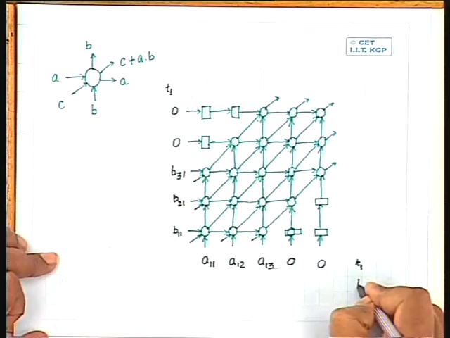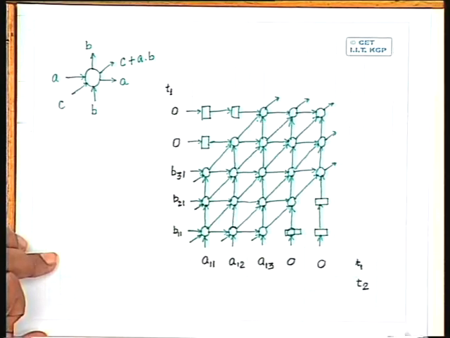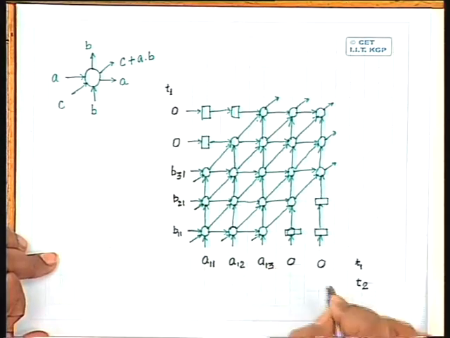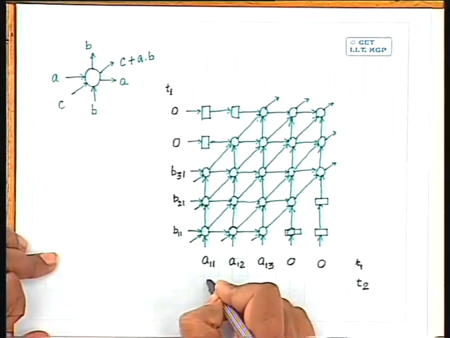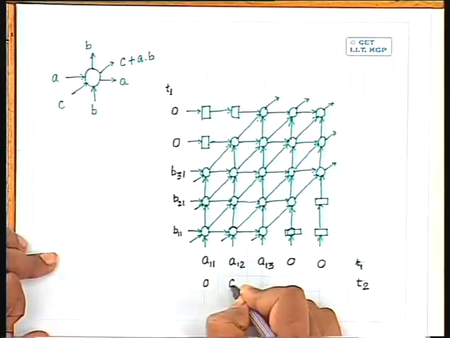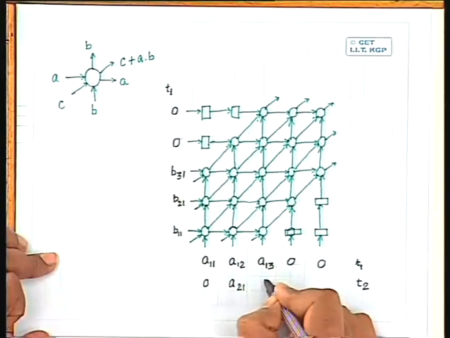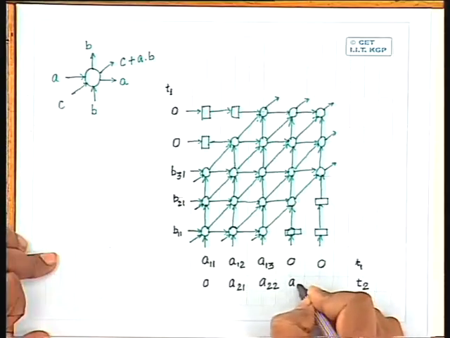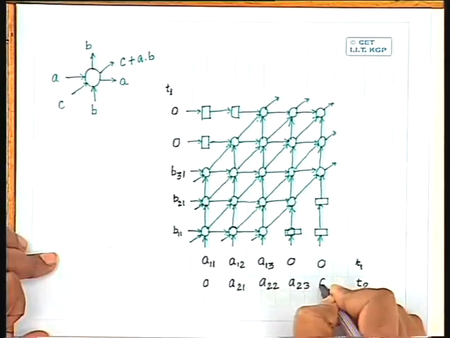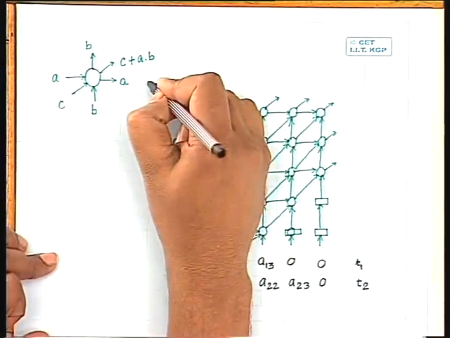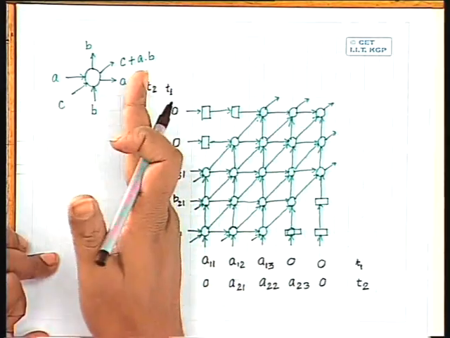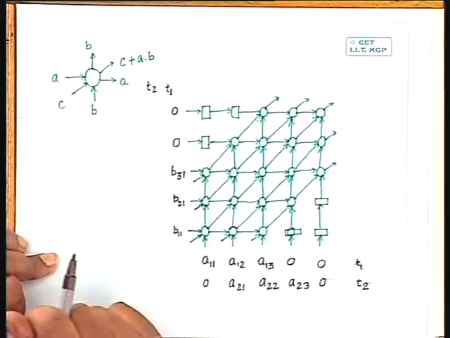During time T2, I feed the second row of matrix A in this vertical input. Okay. So that will be 0, A21, A22, A23, and this input is 0, and during same time T2 I will feed the second column of matrix B to this horizontal input.